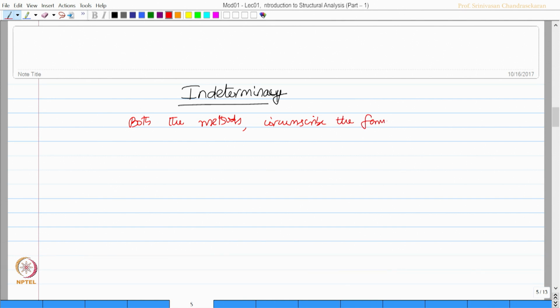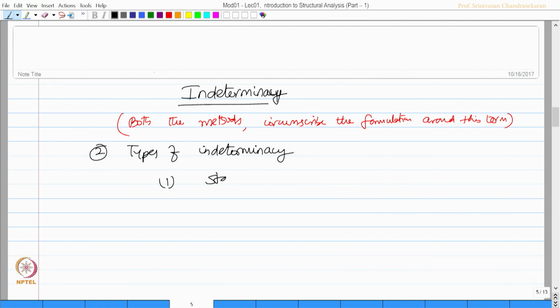So, we should clearly understand what is indeterminacy in terms of problem formulation by either flexibility method or by stiffness method. The moment I say indeterminacy, again there are two types of indeterminacy. Namely 1, static indeterminacy and 2, kinematic indeterminacy.